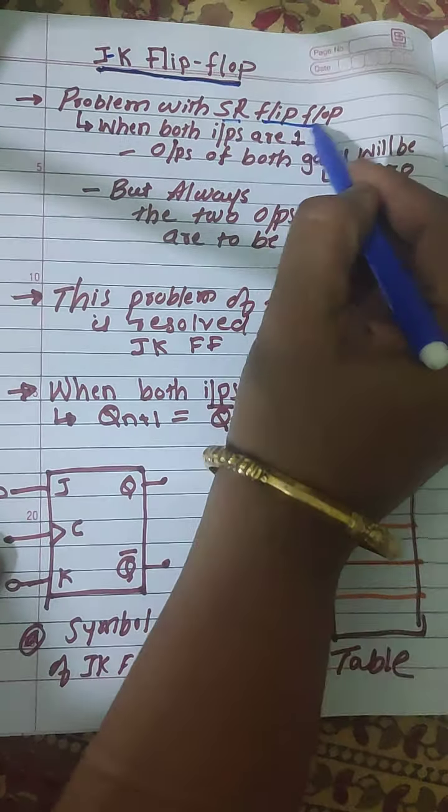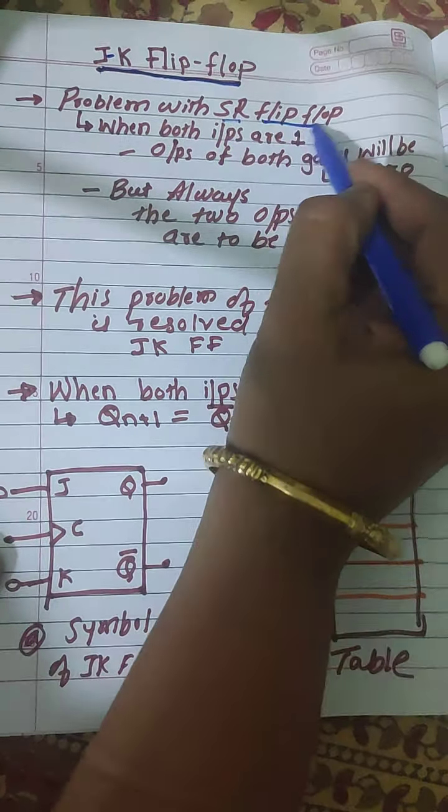The first three rows are the same as in the SR flip-flop. When both the inputs are 0 and 0, what have we seen? Qn plus 1 is going to become Qn. No change in the next state. It is similar to the previous state, so we marked it as no change. When 0 and 1, in place of S, J is coming, and in place of R, K is coming.